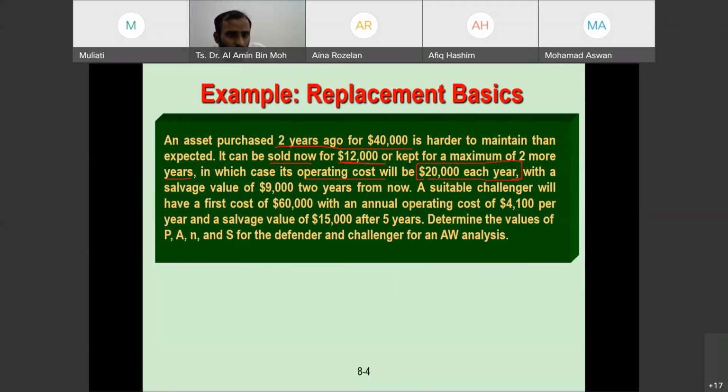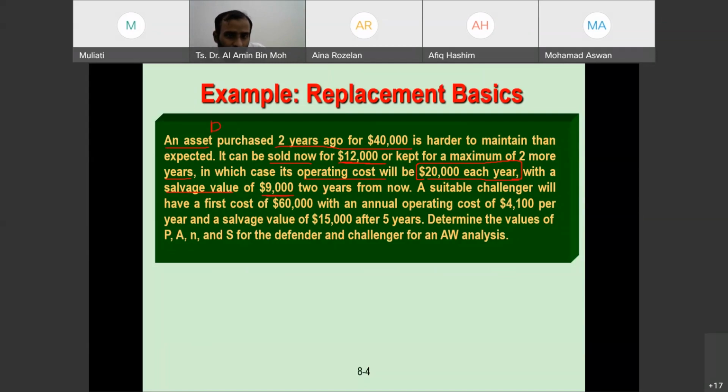With a salvage value of 9,000 after those 2 years of operating. This means if you sell now, you get 12,000; if you sell 2 years later, the value is 9,000. So this is the information for the existing asset. We call it the Defender. Are you still with me? We are reading the question together.